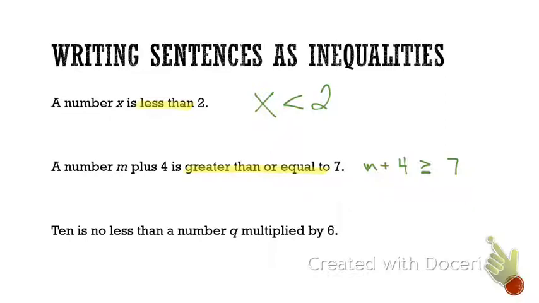Okay, and again, is there more than one number I could add to 4 and the sum of these two would be greater than 7? Absolutely. Could I say an m value of 5? What's 5 plus 4? It's 9, right? 9 is greater than or equal to 7. But could I say 2? 2 plus 4, is that greater than 7?